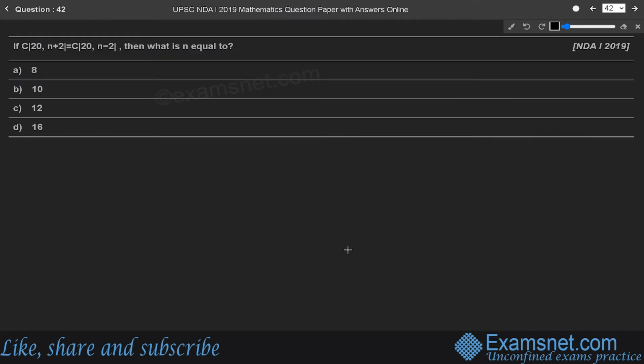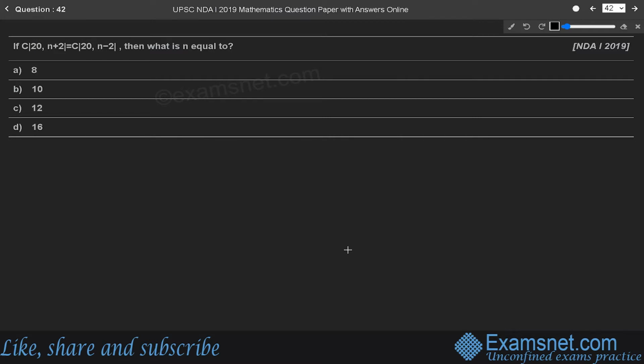Next question is, if 20C(n plus 2) is equal to 20C(n minus 2), then what is n equal to? It is a question from permutations and combinations and we have to find the value for n here. This type of question comes in the exam every year.